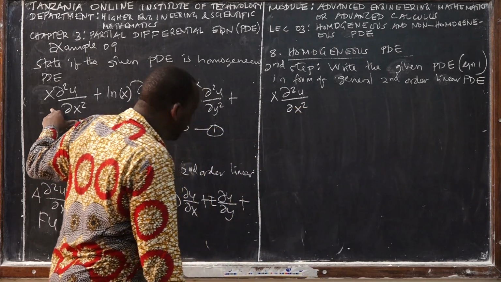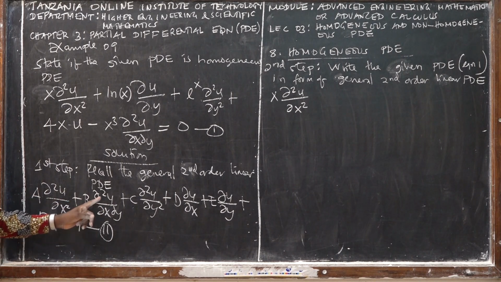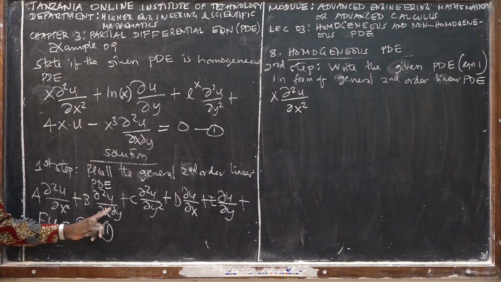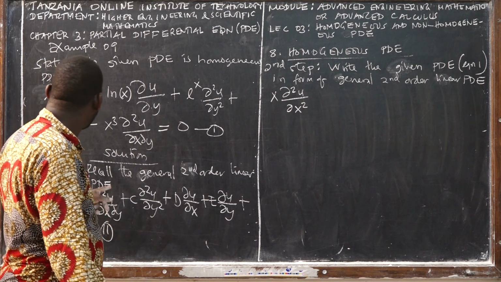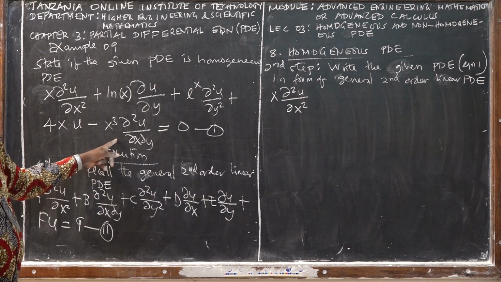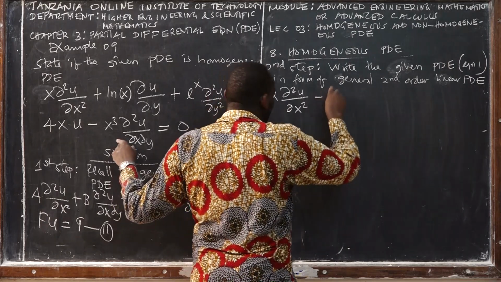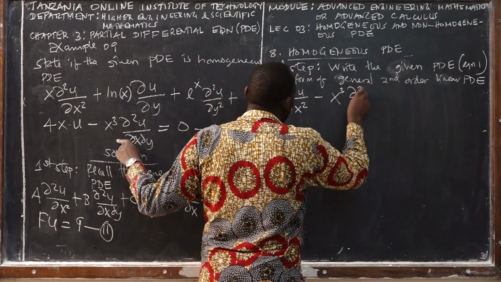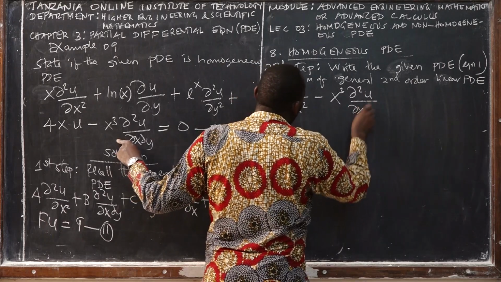Then the next one is b, the second partial derivative of u with respect to x, with respect to y. Yes, it is here. So that will be our second term: minus x cubed times the second partial derivative of u with respect to x with respect to y.